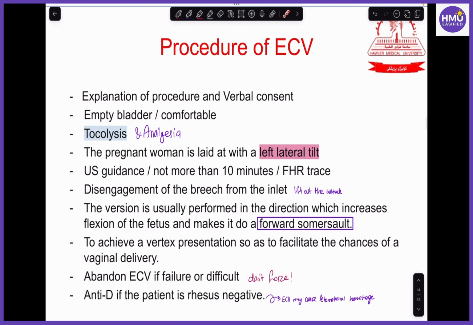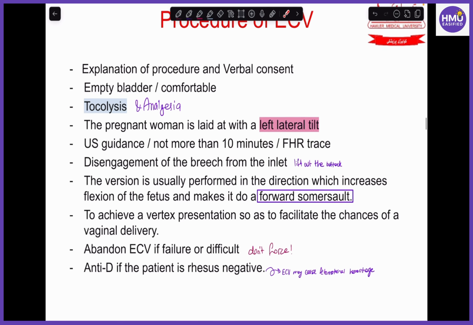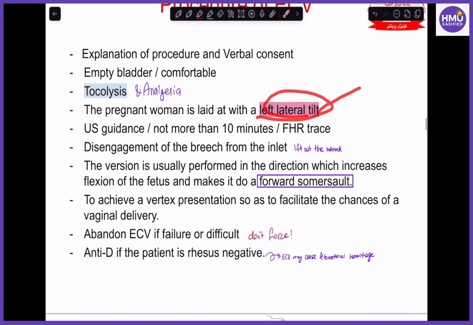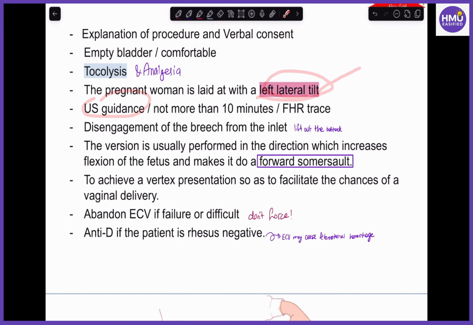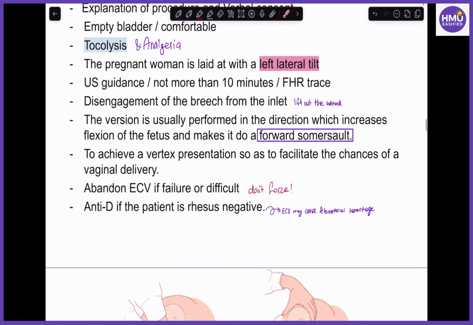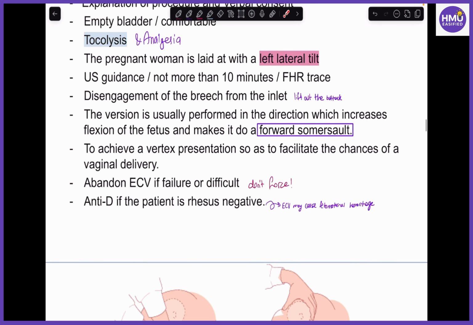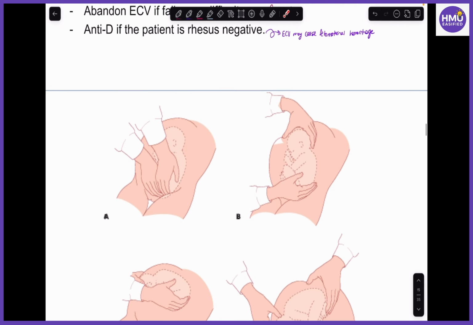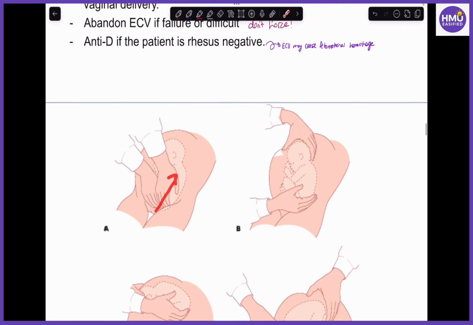Procedure of ECV. Explanation of the procedure, empty bladder, tocolysis, analgesia, left lateral tilt position. Ultrasound guidance. Also, the procedure should not last more than 10 minutes. Fetal heart rate trace, also with ultrasound. Disengagement of the breech from the inlet: if the breech is engaged, first we must push it up to disengage it.